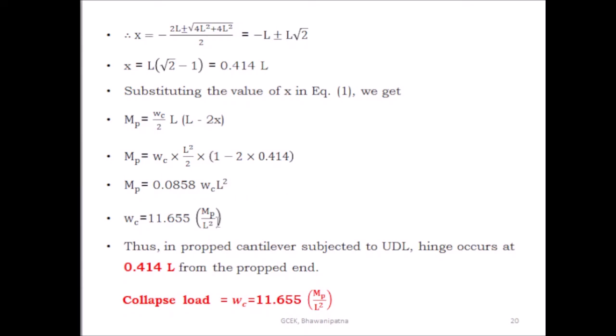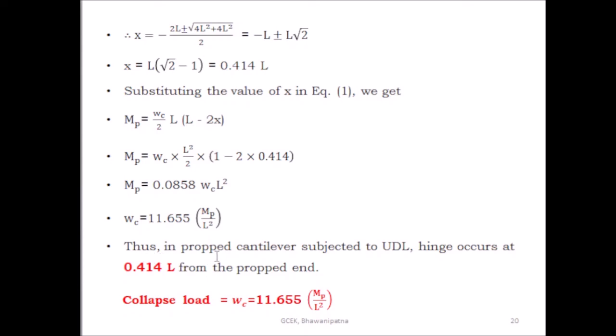Then from this relation you can find out the collapse load: Wc is equal to 11.655 into Mp divided by L². This is the collapse load of the propped cantilever when subjected to the load of intensity W per unit length.